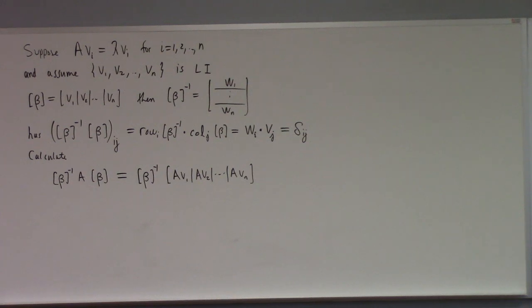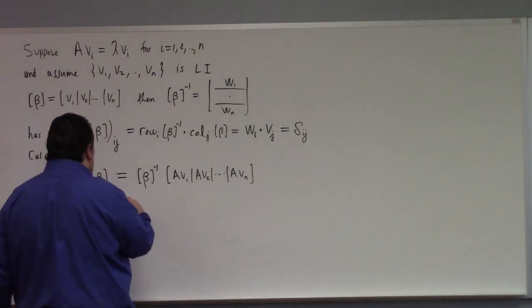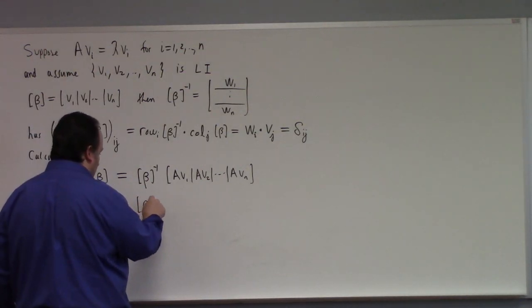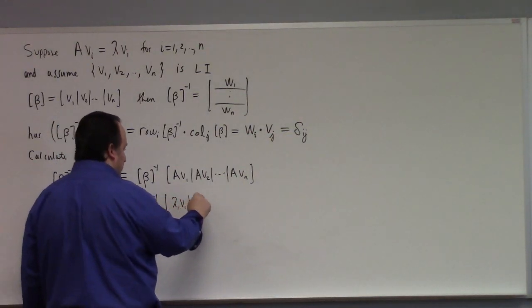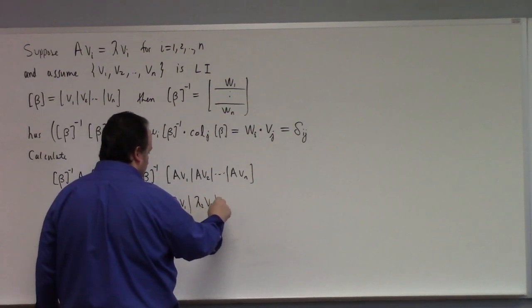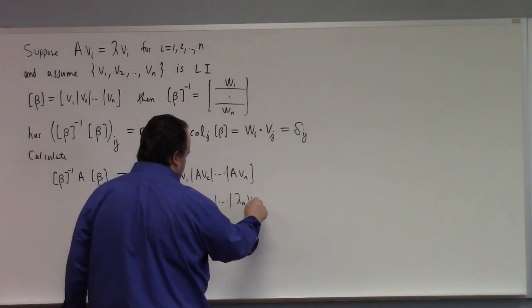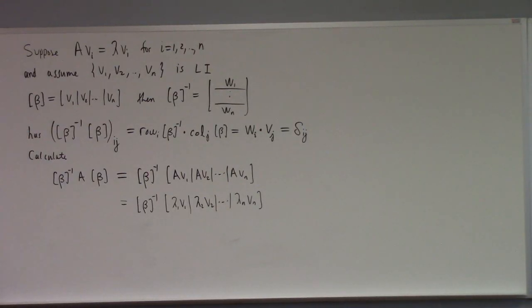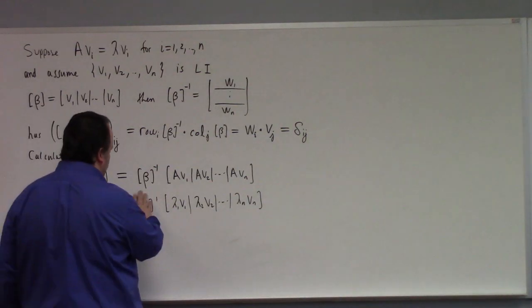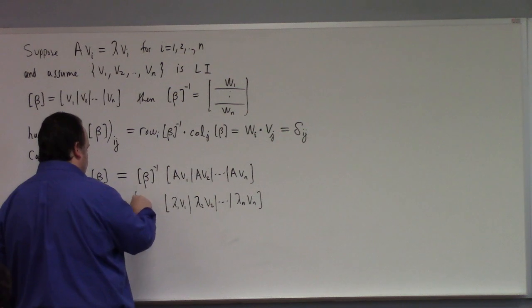I'm just using the column by column multiplication rule. But these are eigenvectors, right? So what are those? We've got lambda 1 V1, lambda 2 V2, lambda n Vn. All right? And then how do I do that calculation? Well, remember that this beta inverse is really a stack of W's, right?